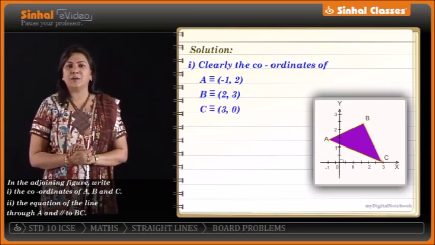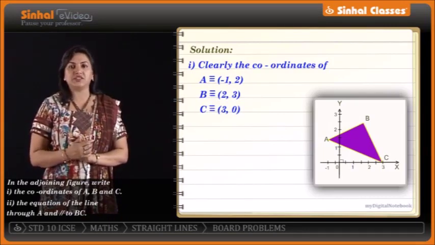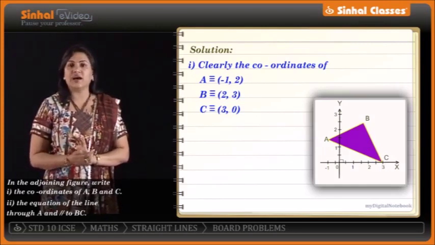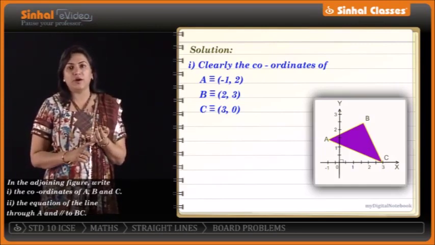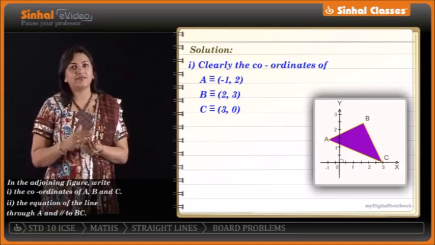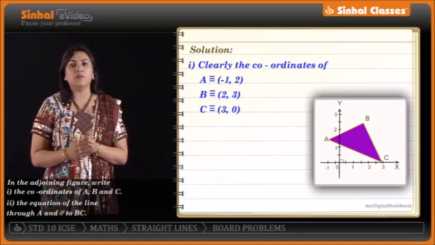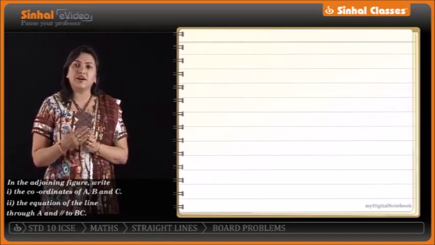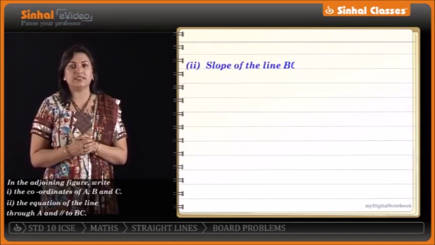Now in the same sum, we are asked to find the equation of the line through A and parallel to BC. To do that, we need to know one point, which is A, and we need to know the slope of the line parallel to BC. We can first find the slope of BC.